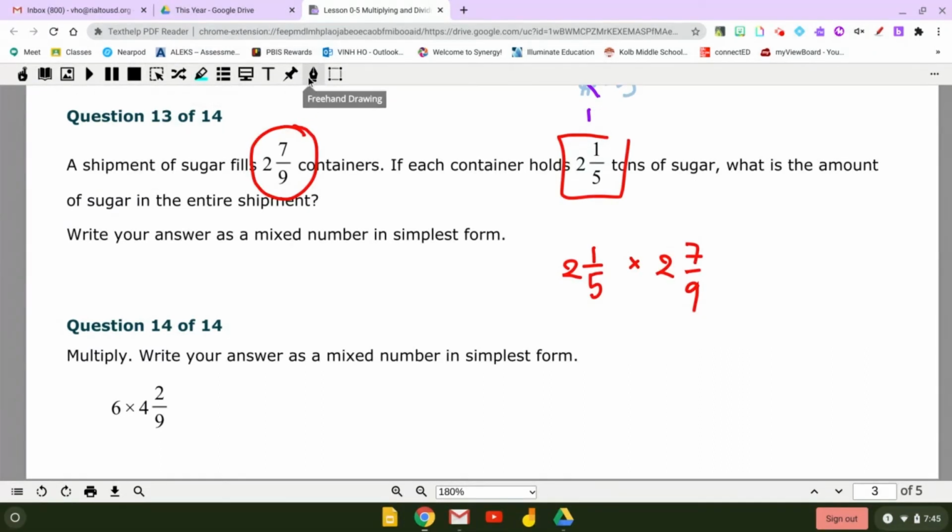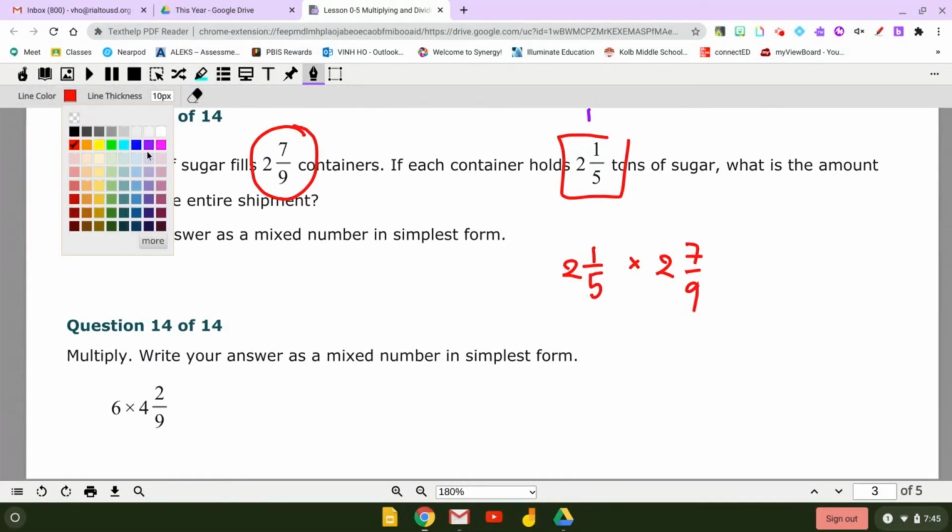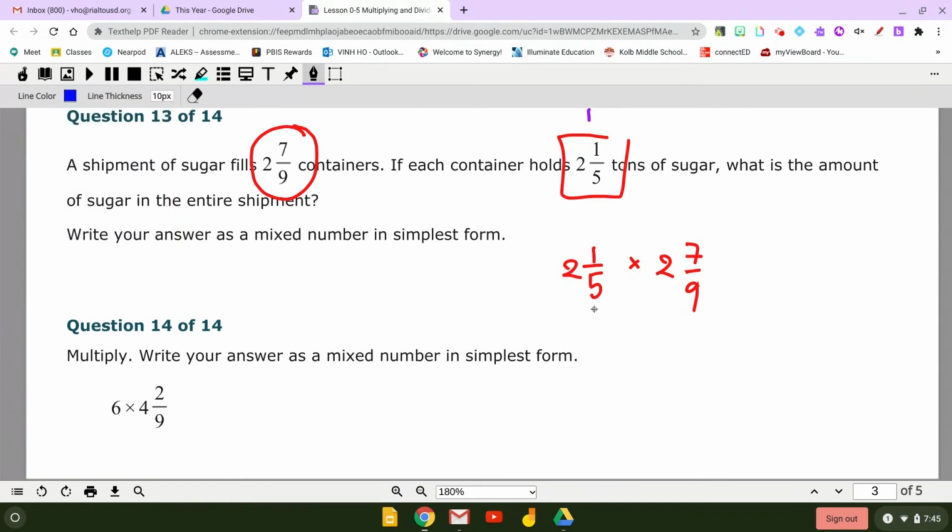Same concept. We're going to rewrite the mixed number in terms of an improper fraction: multiply the bottom and add on top. So that will give you 6/5 times 25/9.